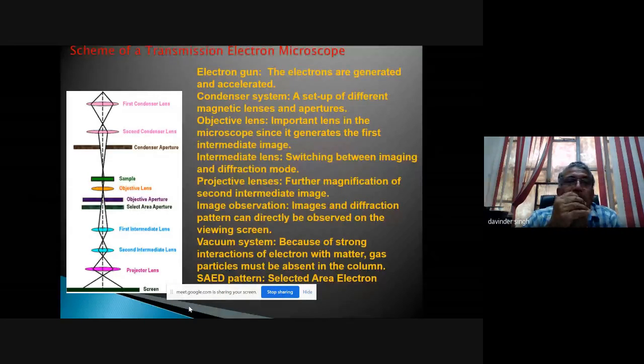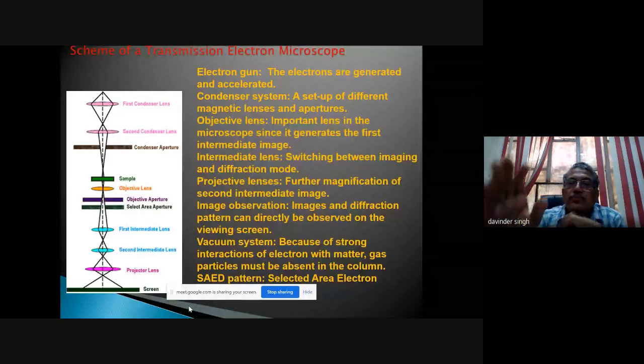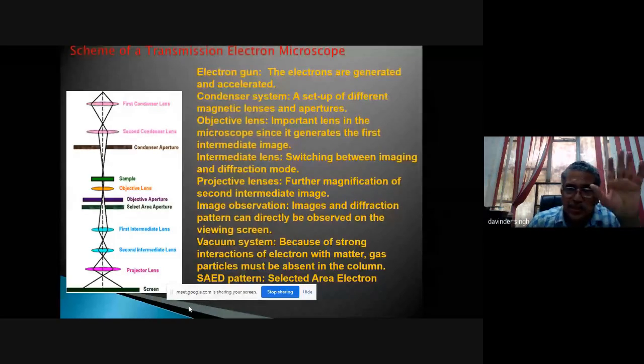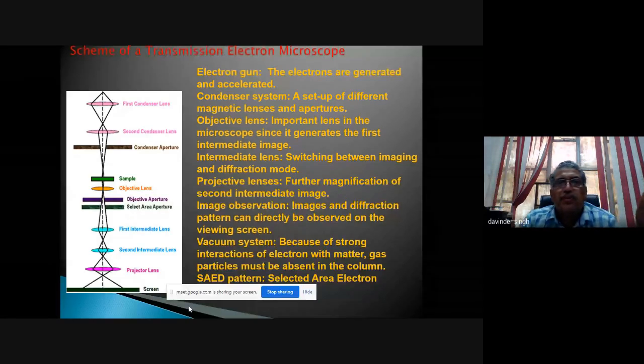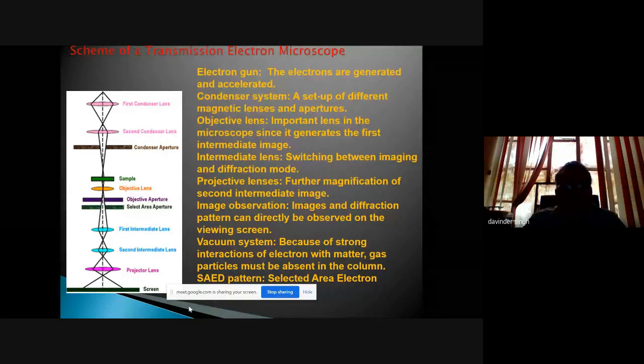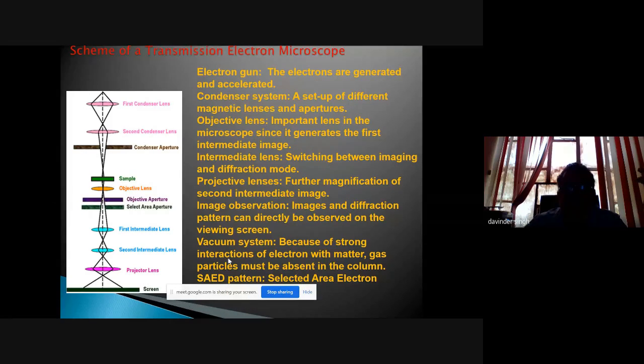So just again the scheme of a TEM here. I put all these scanning electron microscopy, either SEM, TEM, or HR-TEM. It's almost a similar type of principle. You have the gun, you have the objective lenses, meaning electromagnetic lenses, and you have the projective lenses.